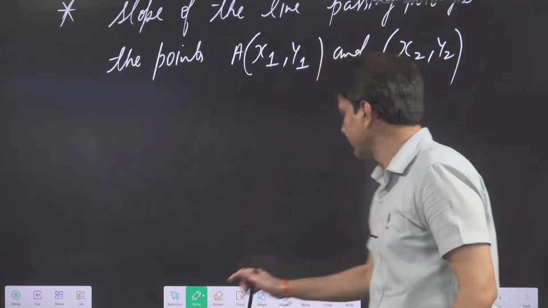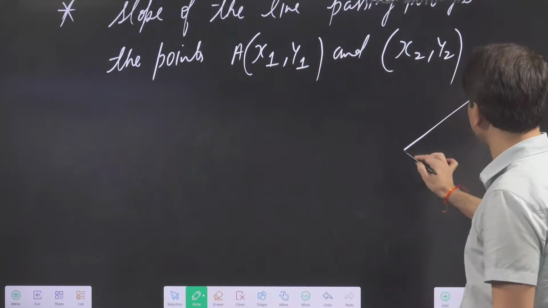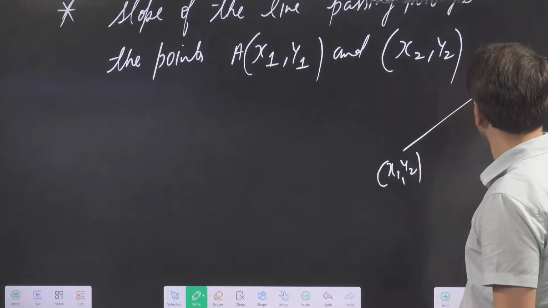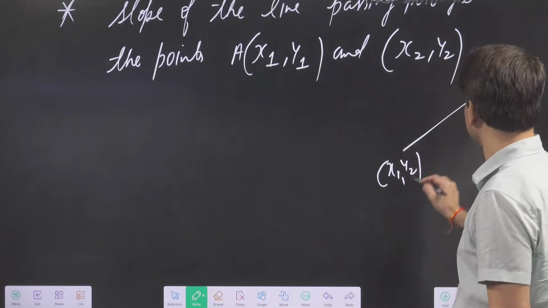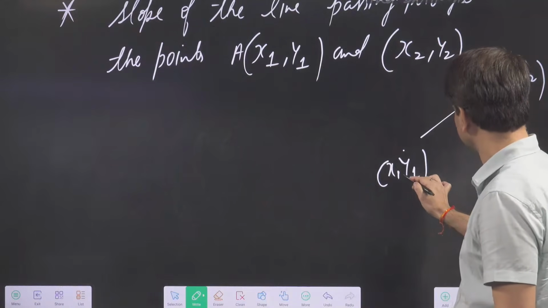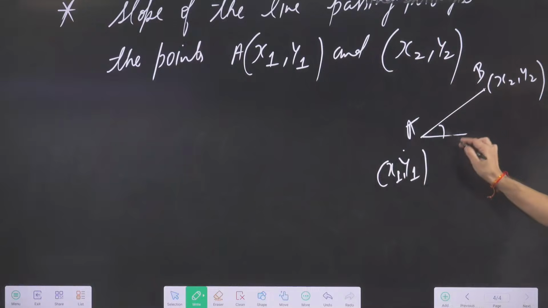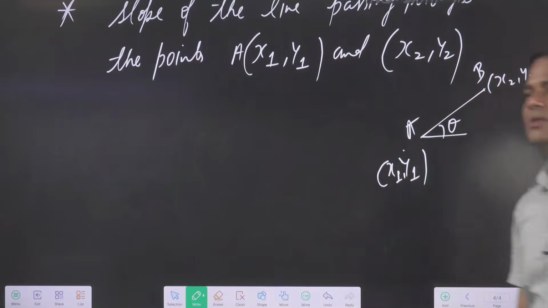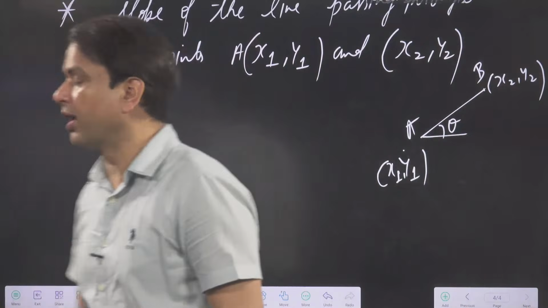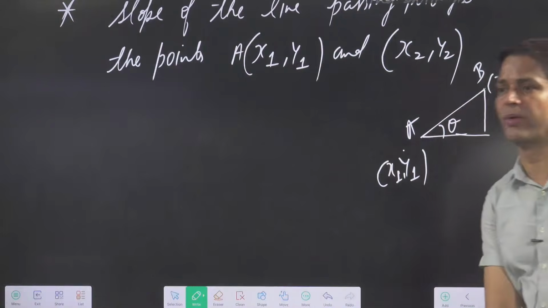Suppose one point is x2 comma y2 and the other point is x1 comma y1. So this is A, this is B. Then how can we find the slope of the straight line? So we use the tan theta formula, opposite side upon adjacent side. So the opposite side will be y2 minus y1, and the adjacent side will be x2 minus x1.